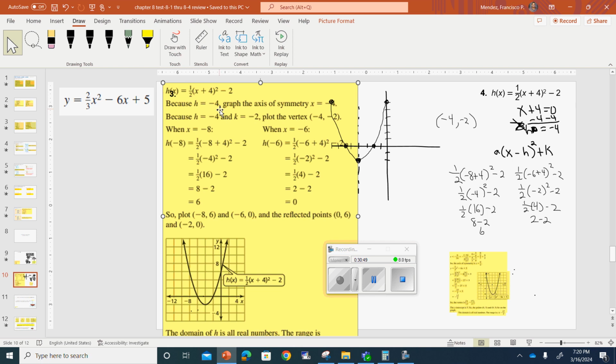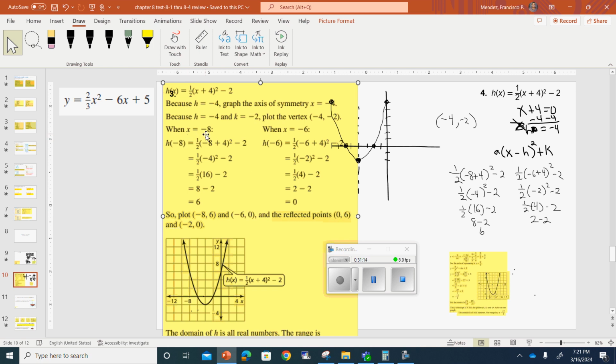H was -4. That's what we had over here. The axis of symmetry is -4, it says. So that was right. We said that because H is -4, K will be -2. That's what we said over here. Good. That puts us at the vertex, -4, -2.